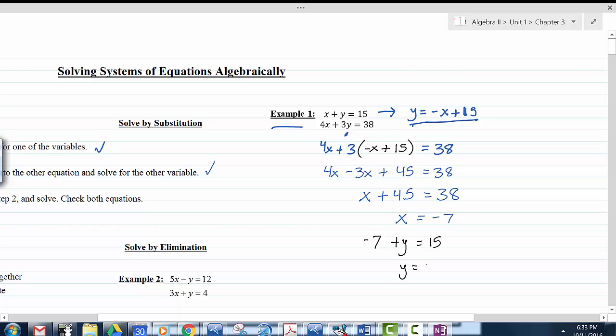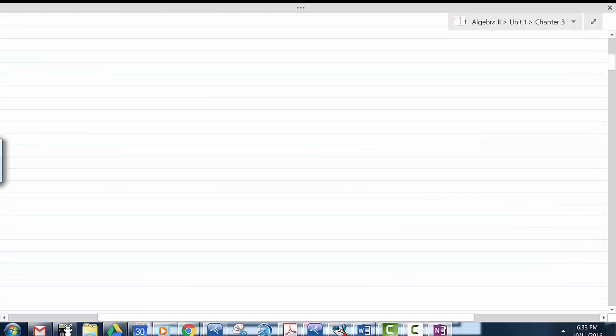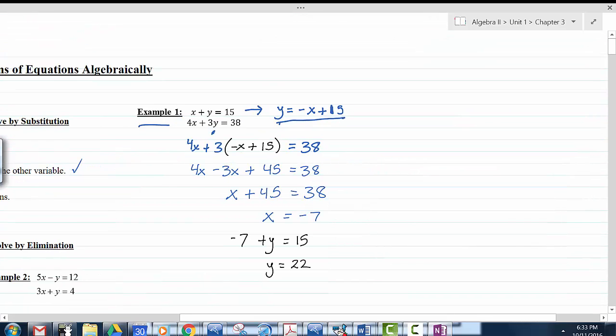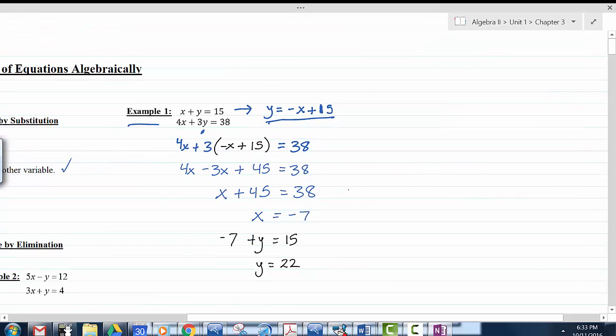So y has to equal 22. So your solution is negative 7, 22. It's the ordered pair. In other words, that's where they intersect. And we just found that out algebraically.